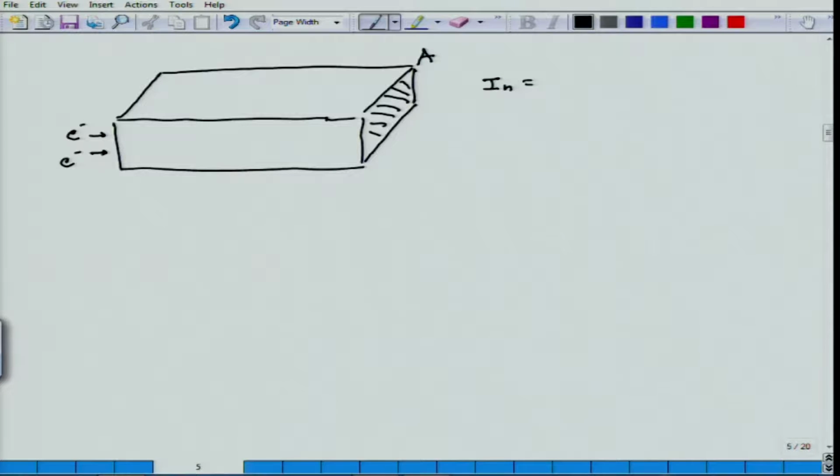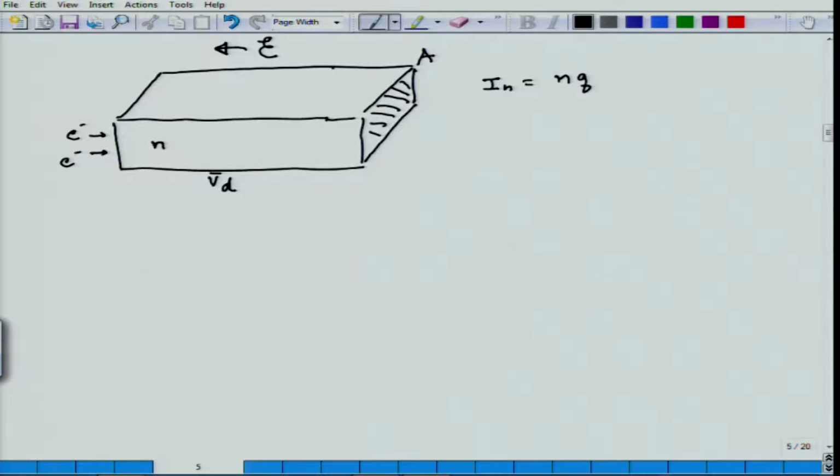is going to be given by the total number of electrons. Let us say n is the electron density in the conduction band, and the charge that will pass through this area in unit time. So, how many electrons will pass through this area in unit time? Let us say the drift velocity is V d, the average velocity that electrons gain in an electric field E, and let me make the electric field in this direction, because I have given the direction of electrons in the positive direction here.